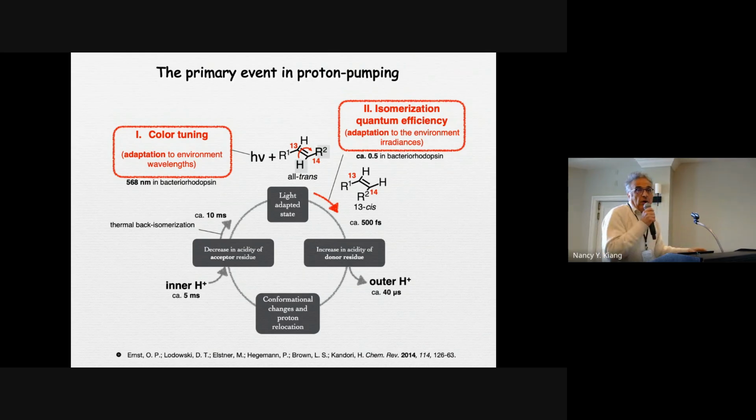The second constraint is that the isomerization has to be highly efficient. We call this the quantum efficiency of the isomerization itself. So basically, if one wants to investigate the efficiency of the pumping of a proton, one has to mainly focus on these two events: the absorption of a specific wavelength on one side and the quantum efficiency of the isomerization on the other side.